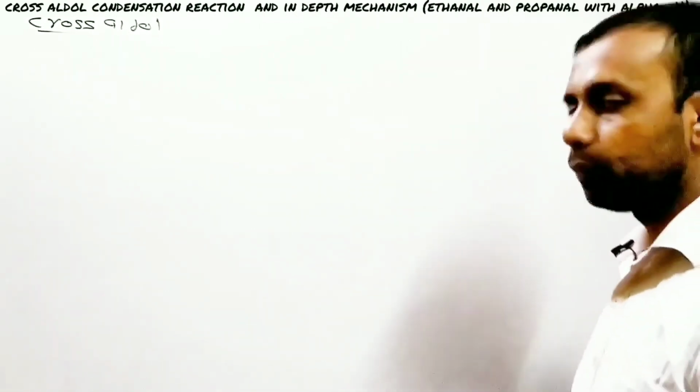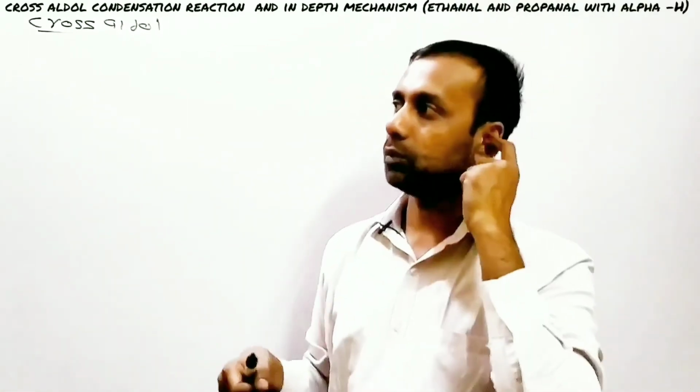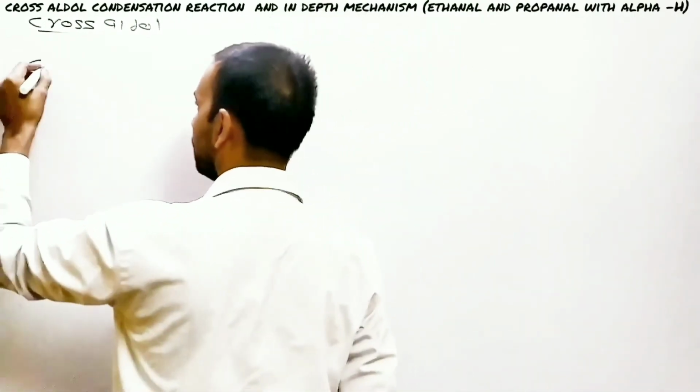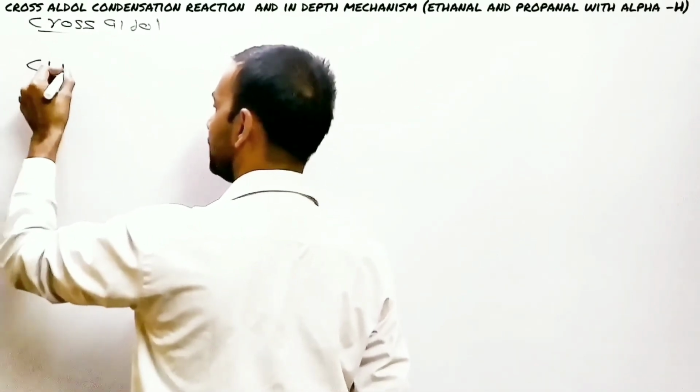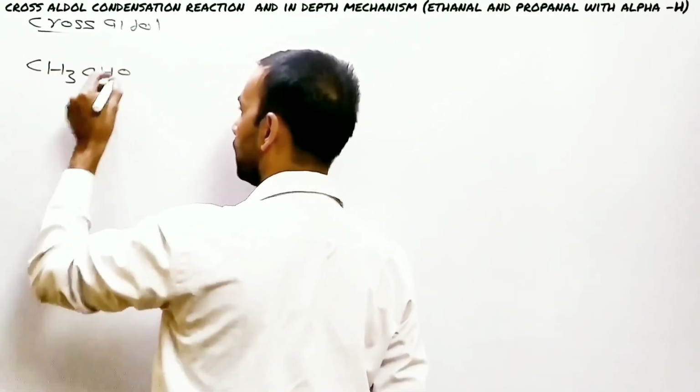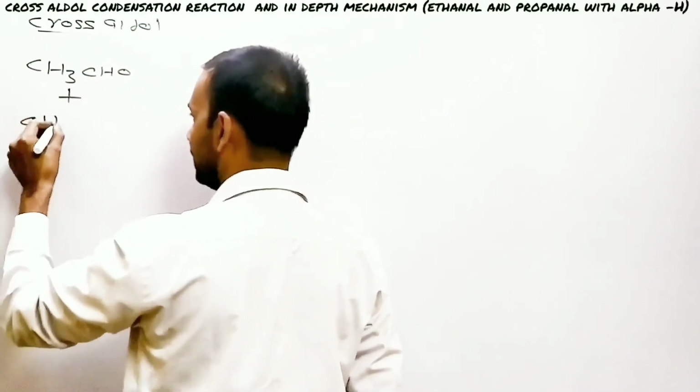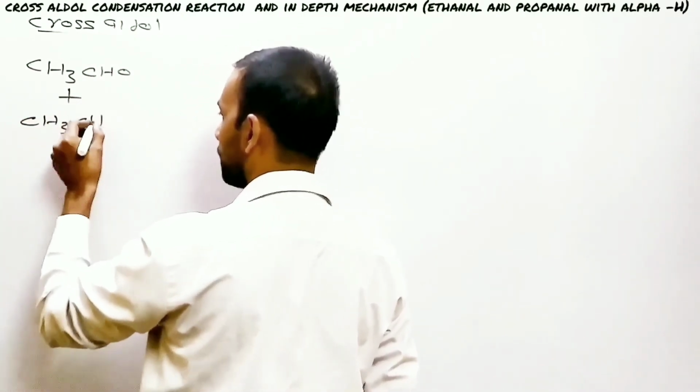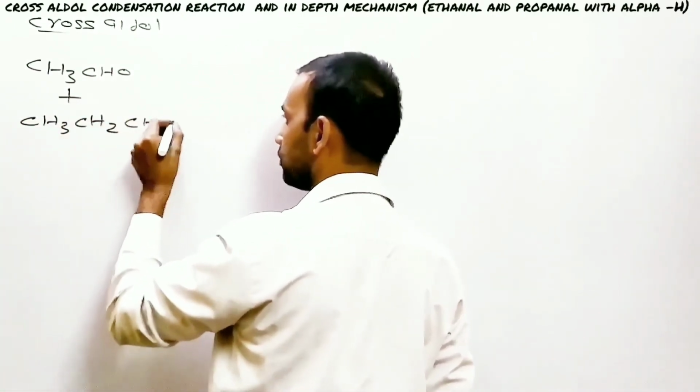Now I'm sure I've done 3 of the mechanisms, so you can do the 4th one as well. What I'm going to do is write all the 4 products together, and you will get the exact reaction here. So what we had, ethanol CH3 CHO, was reacting with propanol CH3 CH2 CHO.